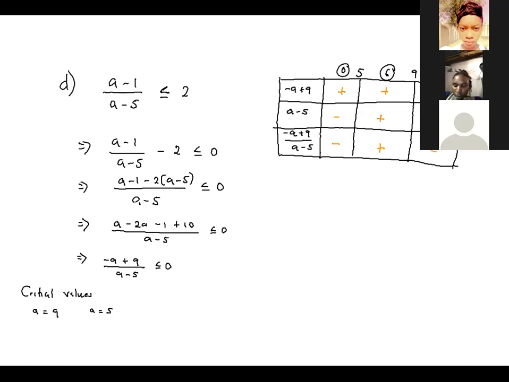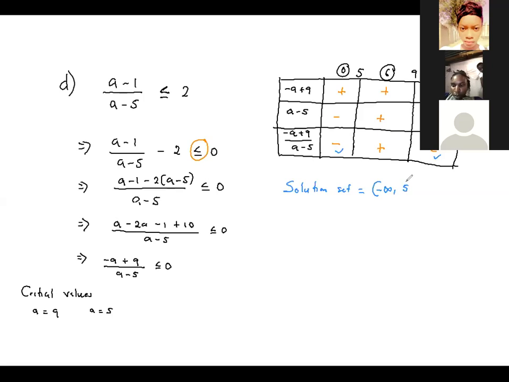We're interested in the region where the inequality is less than 0 from here. So it must be less than 0, and so our solution set is going to take these intervals. So the solution set is negative infinity to 5.